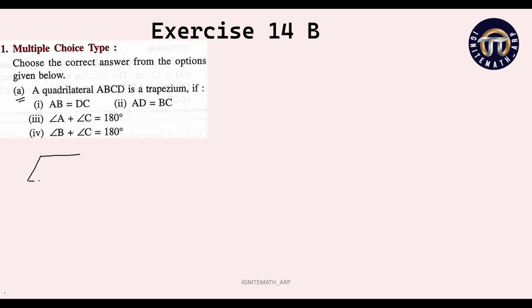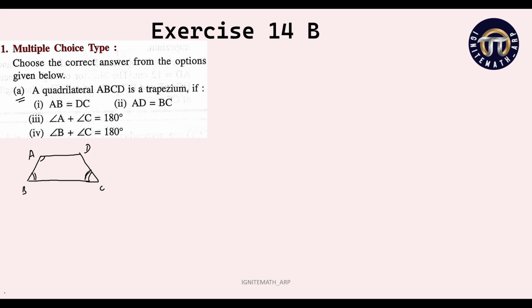Just now we dealt with the properties of a trapezium. If ABCD is a trapezium, then AB is equal to DC, or AD is equal to BC, or A plus C is equal to 180, or B plus C is equal to 180.